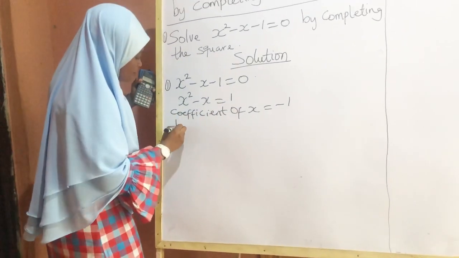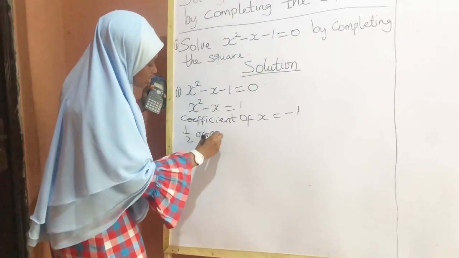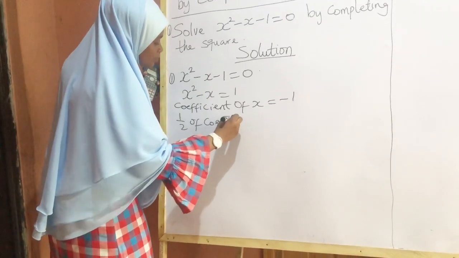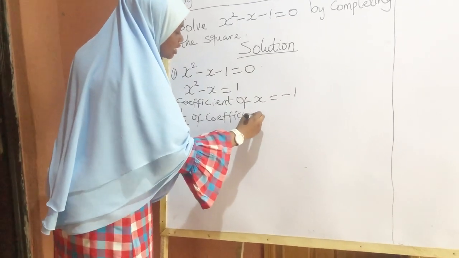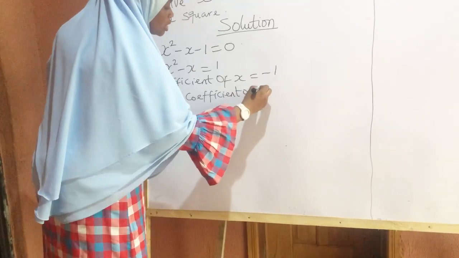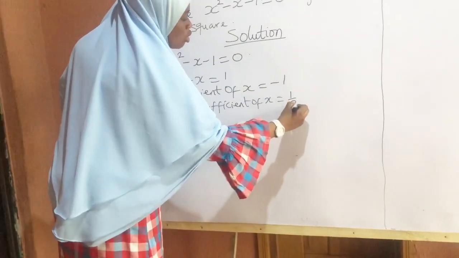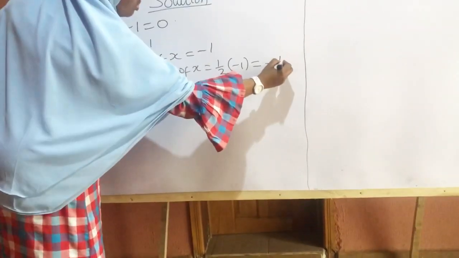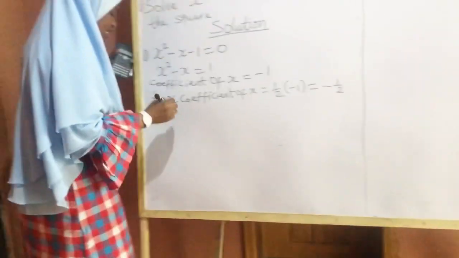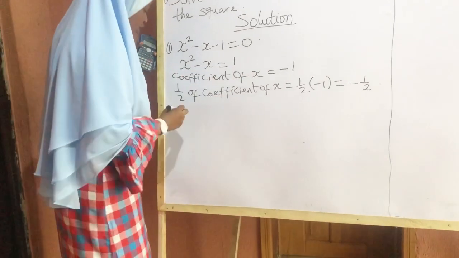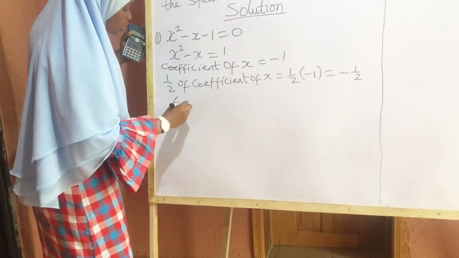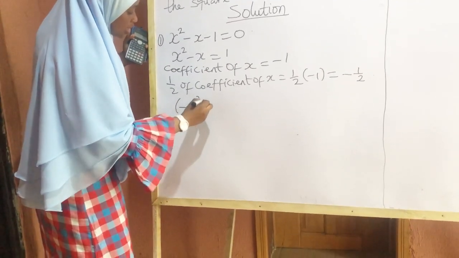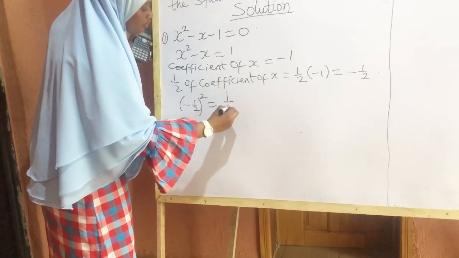So half of the coefficient of x, you need it. Half of that coefficient of x is equal to 1 over 2 of negative 1, and that is equal to minus 1 over 2. Now square that half of the coefficient of x. So minus 1 over 2, squared, is equal to 1 over 4.